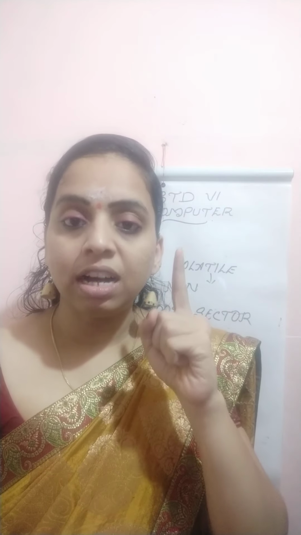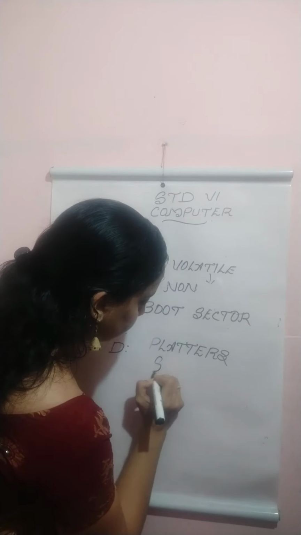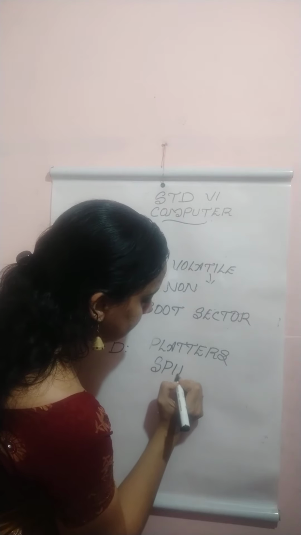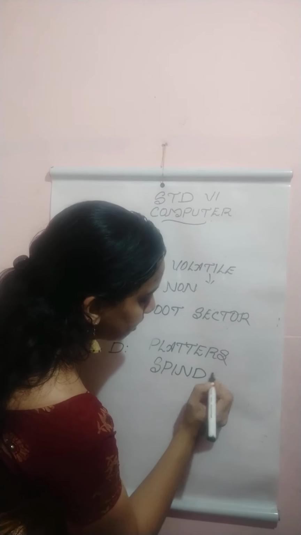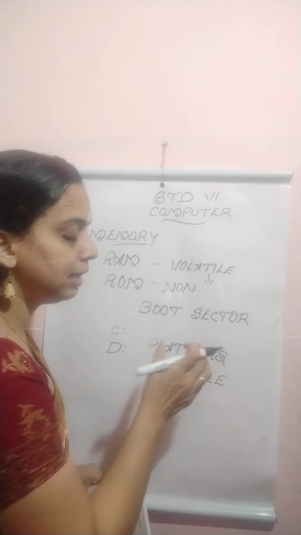In the middle a stick is there, and that stick is known as the spindle. On both sides of the platters we can store information or data, and there will be a read or write head to read all the data stored in them.